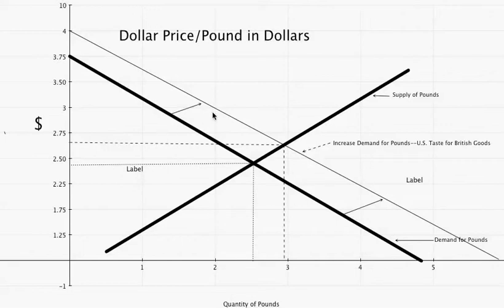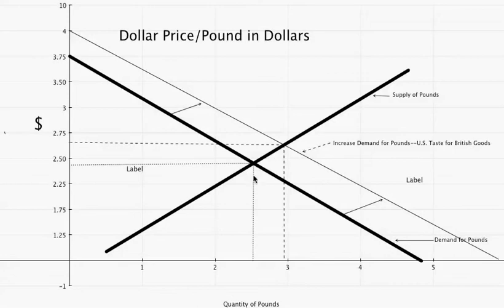We have an increase in demand for pounds, which is caused by an increase relative to income. Our income is higher than over in London, and our taste for British goods is higher. We just want to acquire some of their goods, say Burberry. I want that Burberry coat, or I want that Burberry sweater, whatever it may be.